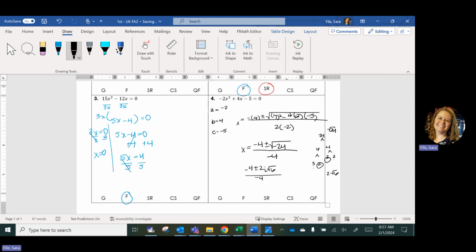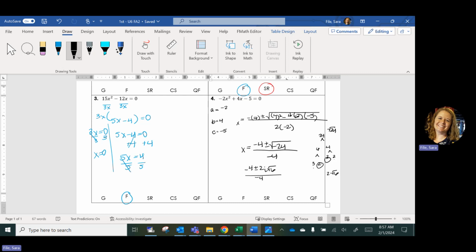Now, both the 2 and the 4 in the top can reduce with the 4 in the bottom, but I'm not going to do the 4 over 4 completely reduced to a 1 because I can't completely reduce the 2 divided by 4. So I'm just going to reduce it all by 2, if that makes sense. So this would become the negative divided by the negative.